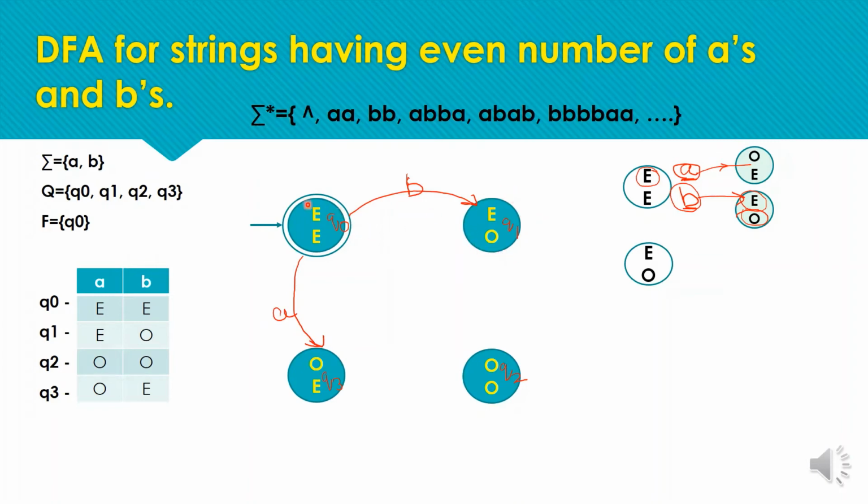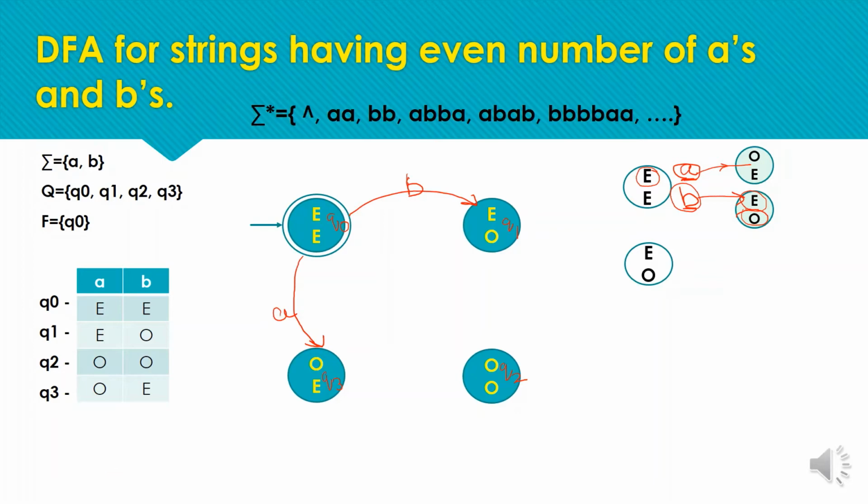If the number of A's on getting an A changed from even to odd, we have to be at this state. Same way, if on getting the next symbol the number of A's and the number of B's both turn odd, we have to move to this state. If the numbers of B's and A's changed from even to odd, we have to be at one of these two states. So we have to think according to these constraints or patterns.